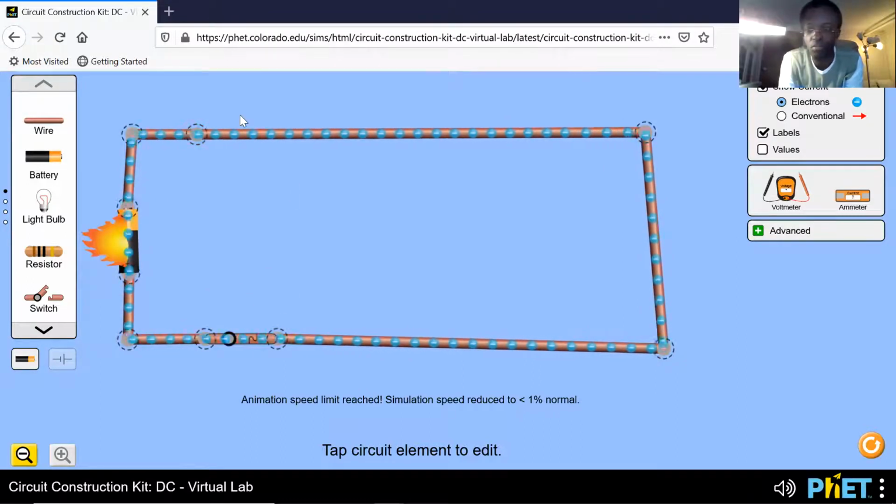The electrons flow. But this is an idealized circuit where the wires themselves do not have a resistance, but as a matter of fact, wires themselves have a resistance to current.